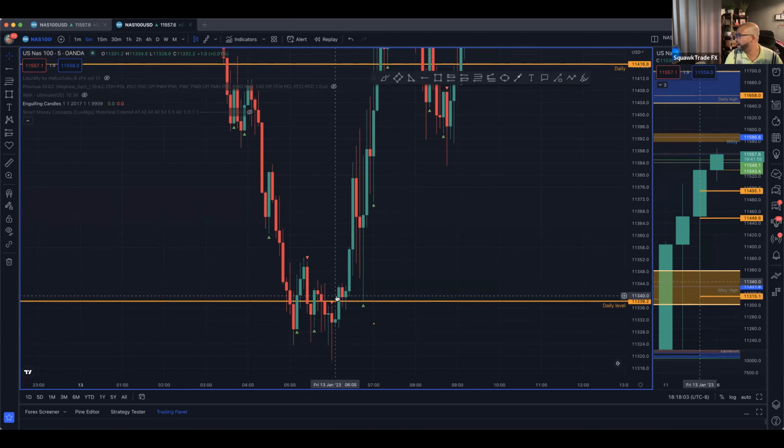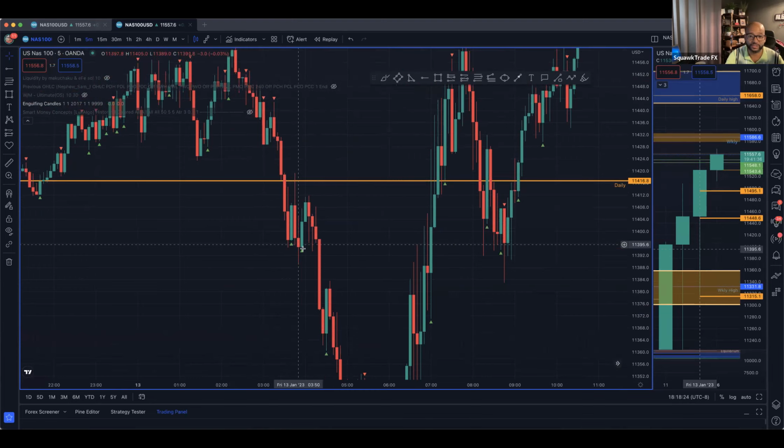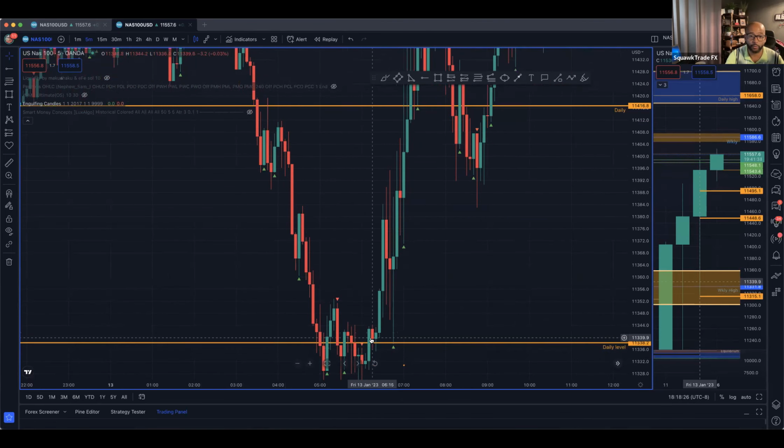And also I received an LB printed on my other screen at this level. That was all the confluence I needed. It's bouncing off of my level, or my zone. It gave me 2 printed engulfings. It then gave me an LB. I didn't have a top wick. Asia market was not yet corrected to give me a wick. And that's why I took that trade.